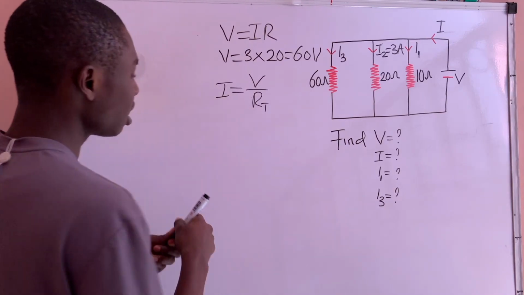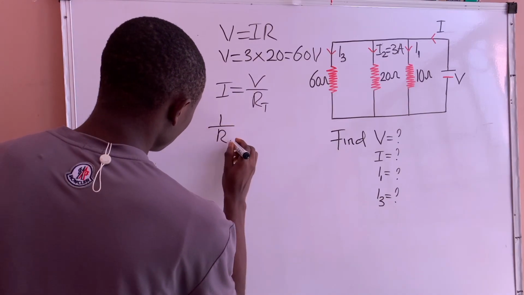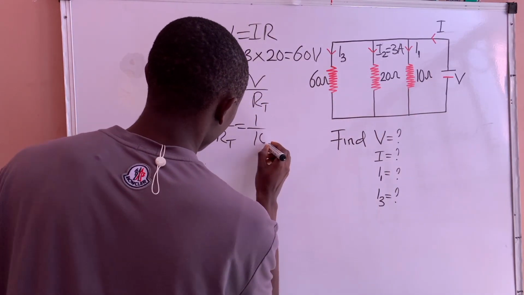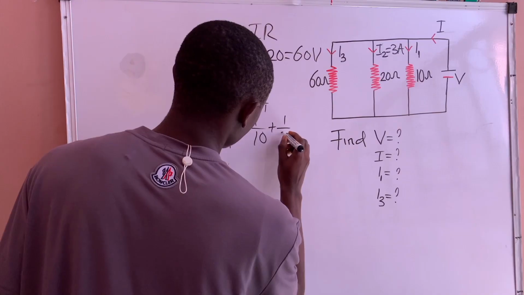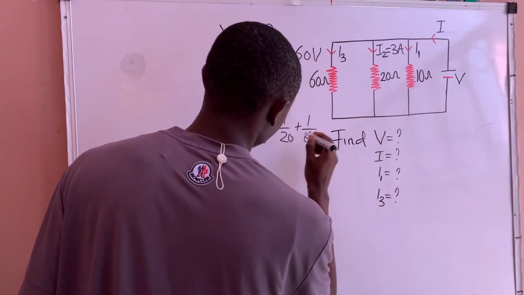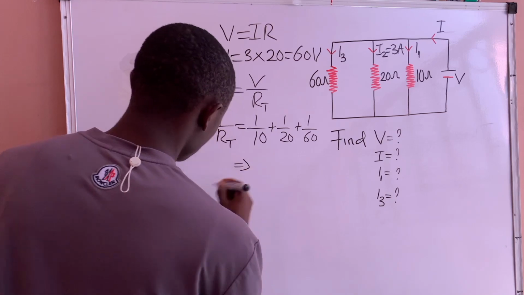So the total resistance of this network is given by 1 over R total, which equals 1 over 10 plus 1 over 20 plus 1 over 60. At this point, let us solve the right-hand side.